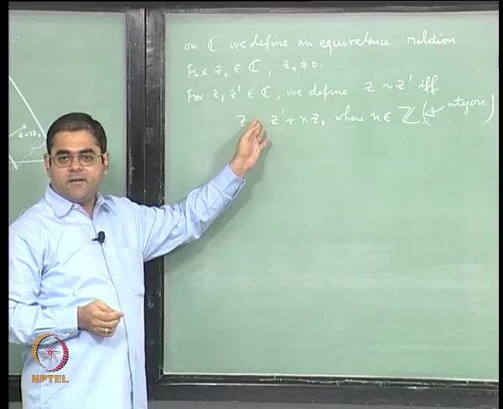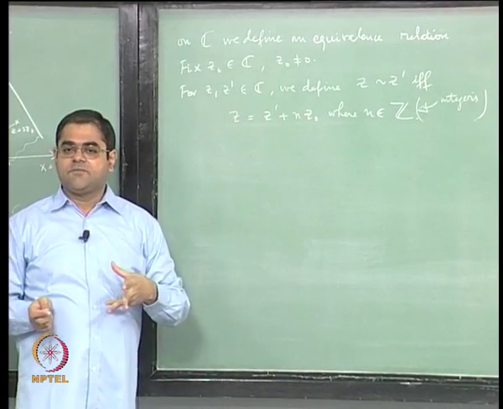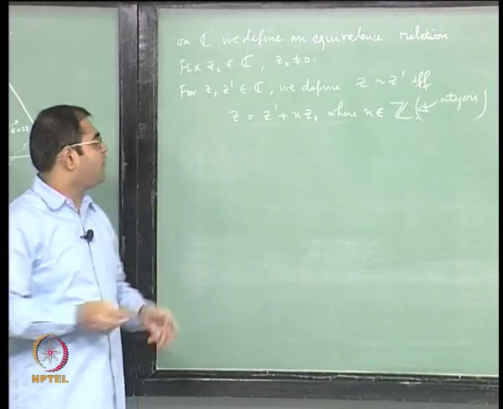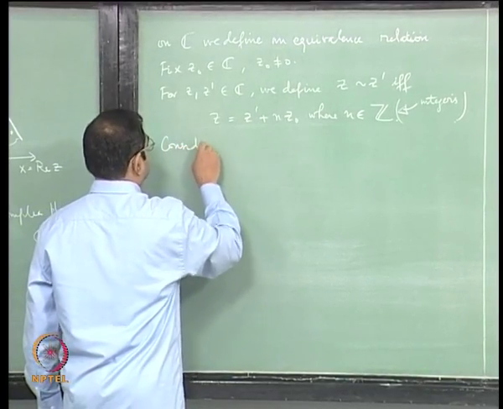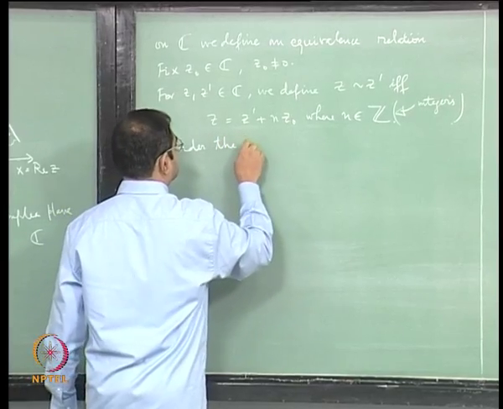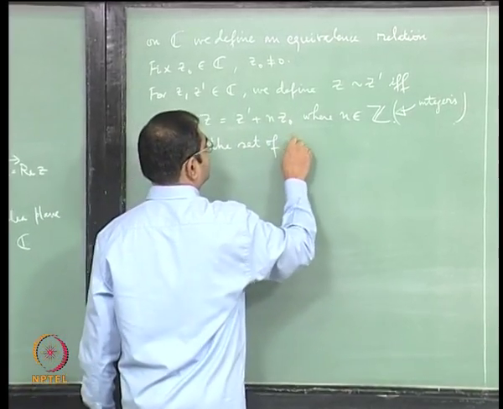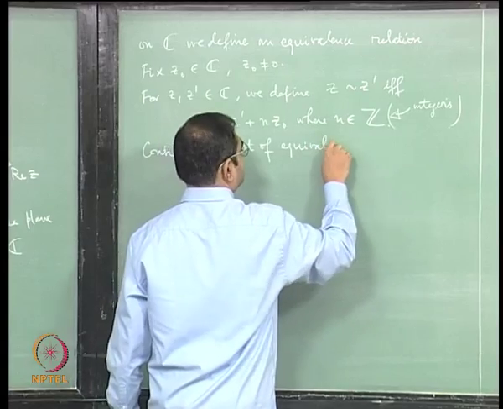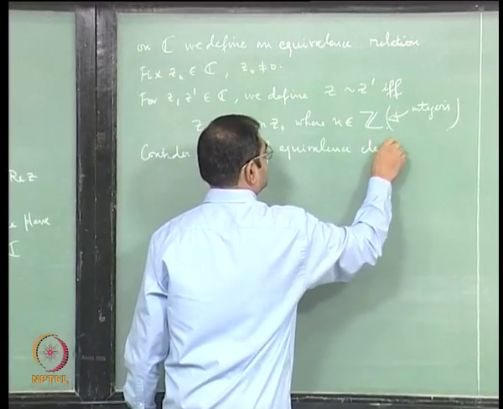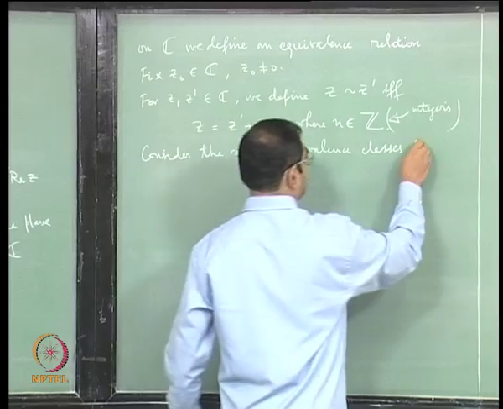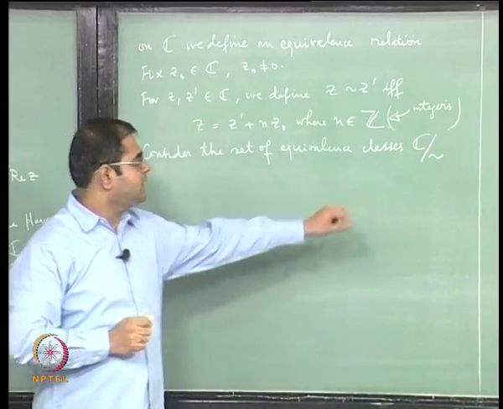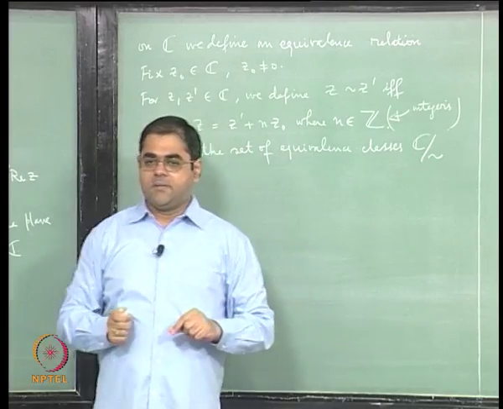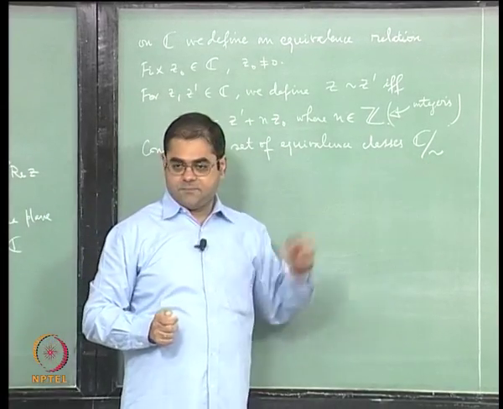Okay, and therefore you can look at the set of equivalence classes. So what you do is consider the set of equivalence classes which I will write as C mod tilde. So this is the usual notation, set modulo an equivalence relation, okay.